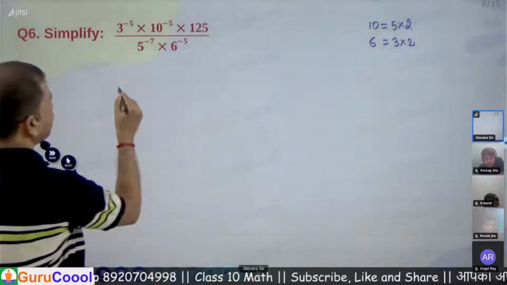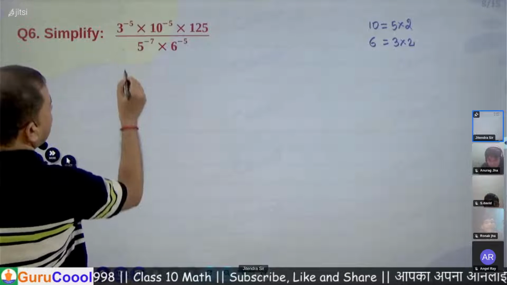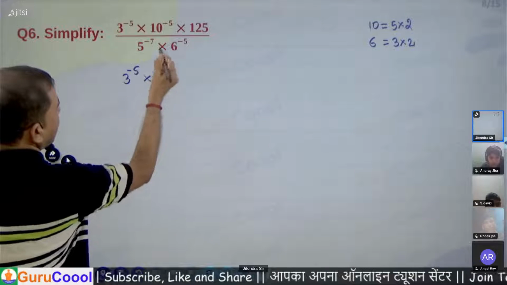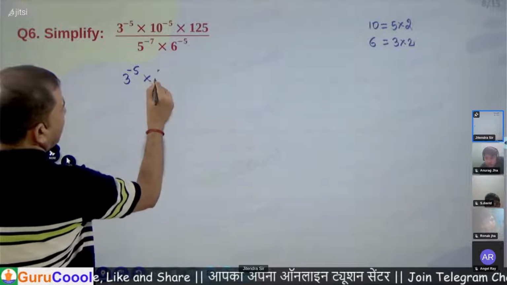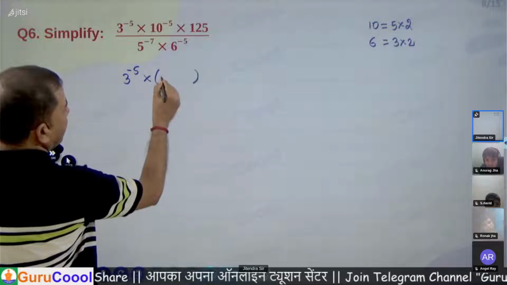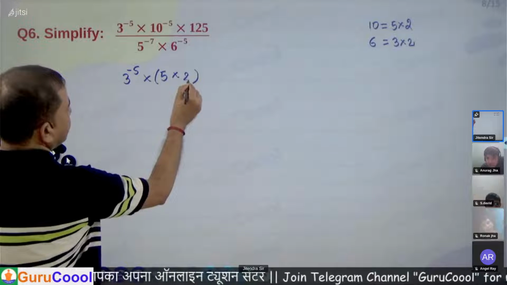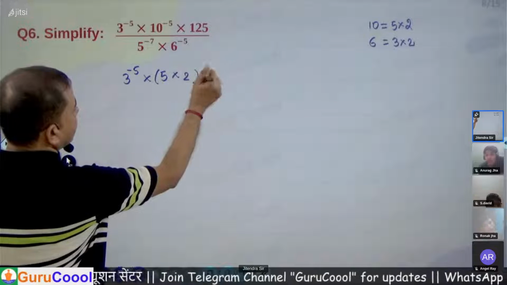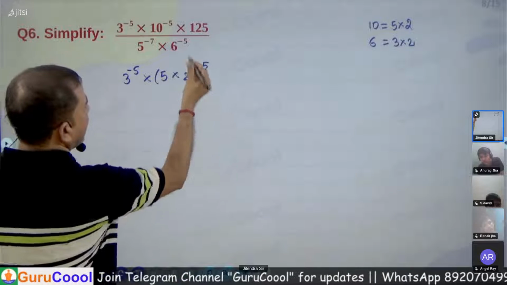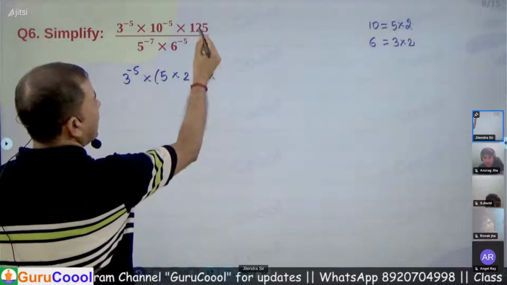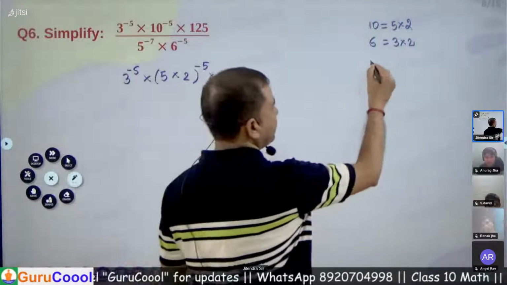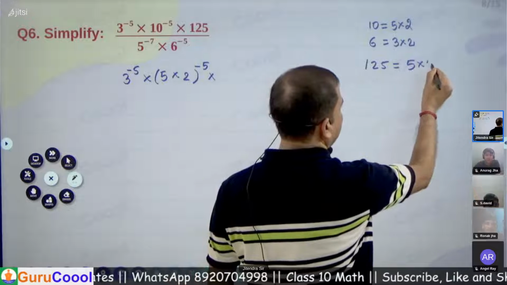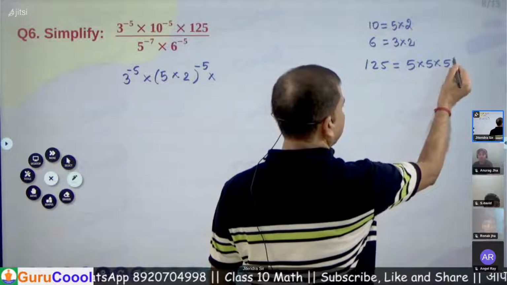Let us do that. In the next step, 3 power minus 5 multiply 10. But we will not write 10. We will write 5 into 2. And the power is minus 5. Then 125 means what? 5 into 5 into 5.